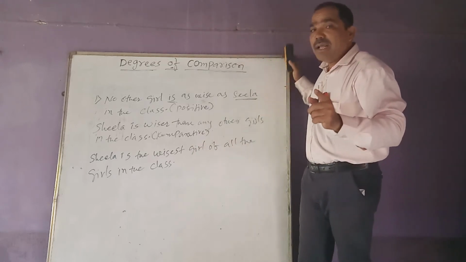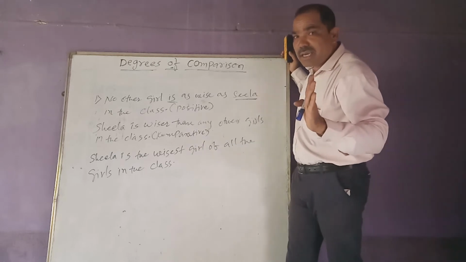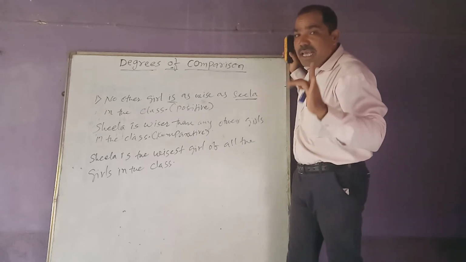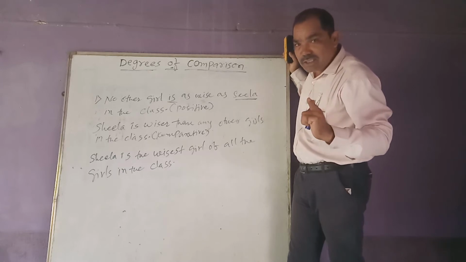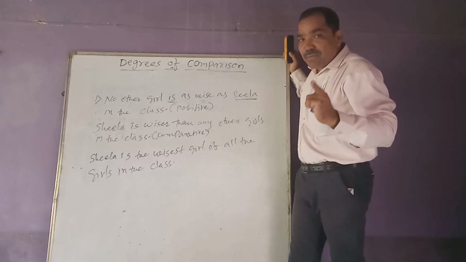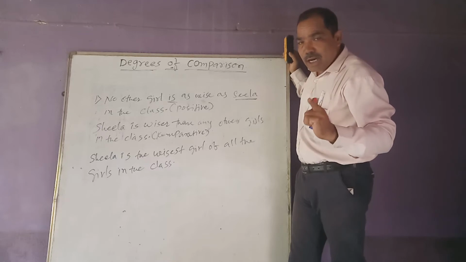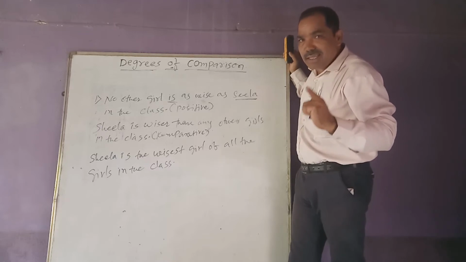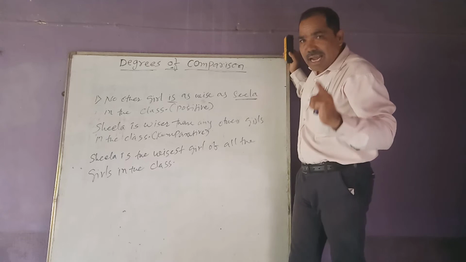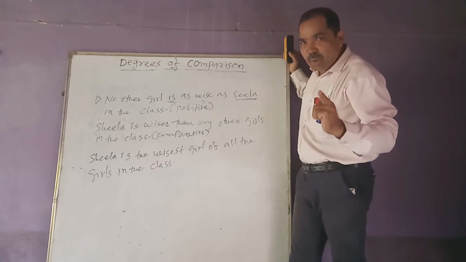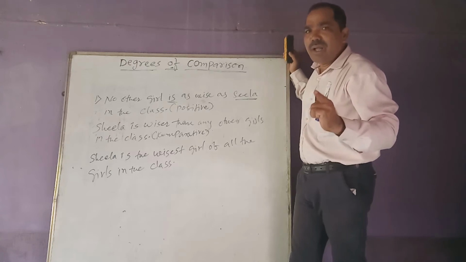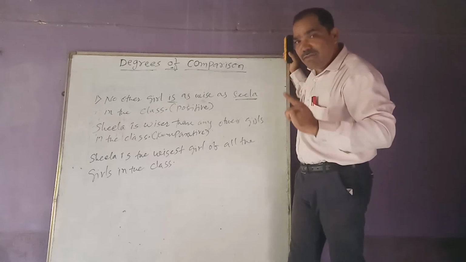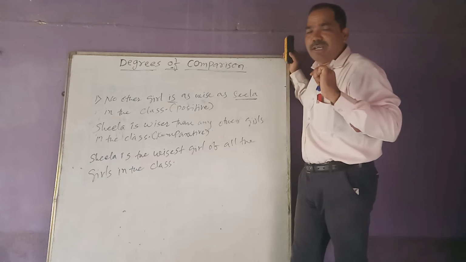What have we done? Here one has to understand the key. What key? If the adjective ends with a vowel sound, then we have to add er to that adjective in the comparative degree. And if the adjective ends with a consonant sound, before that adjective we have to add more in the comparative degree.